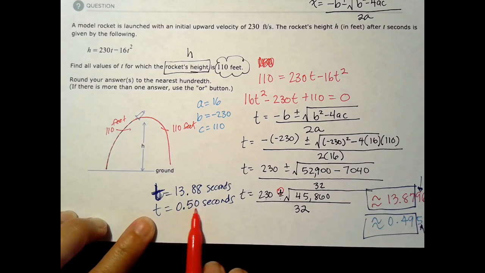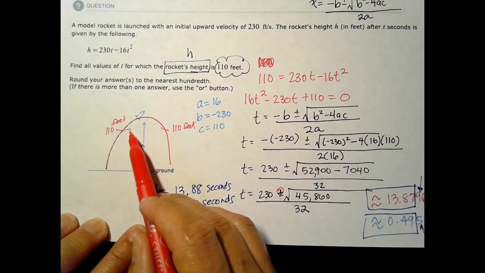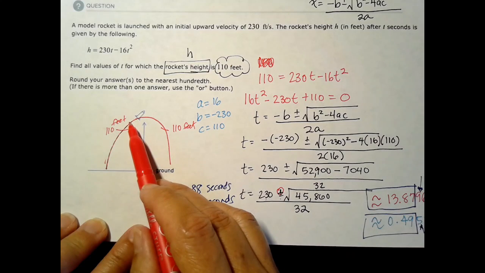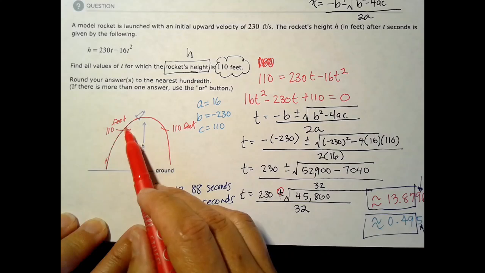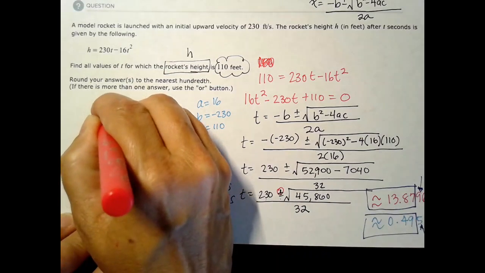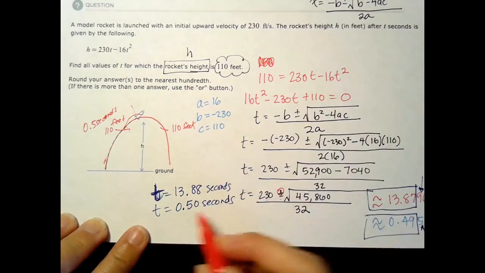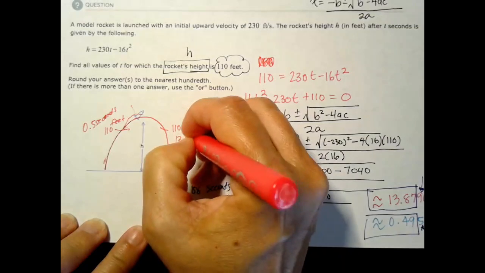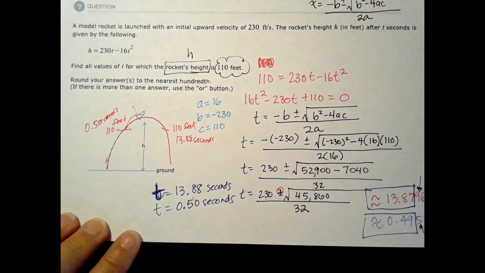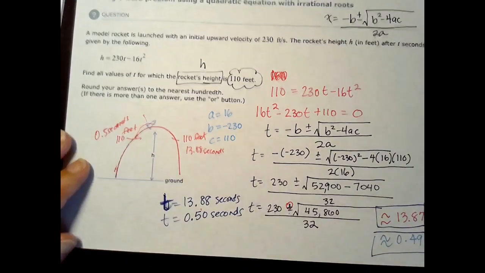It's shooting up, so here it is at 0.5 seconds. It hits that 110. That thing's shooting up because it's going 230 feet per second. So boom, that's at 0.5 seconds. It hits that first 110. And then it loops around, and then it takes 13.88 seconds for it to get to the other side.